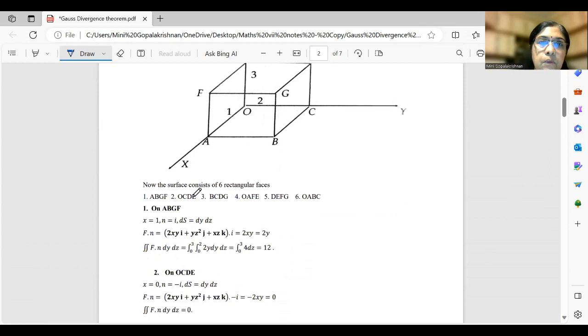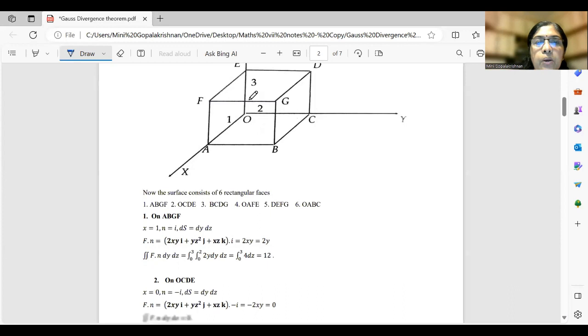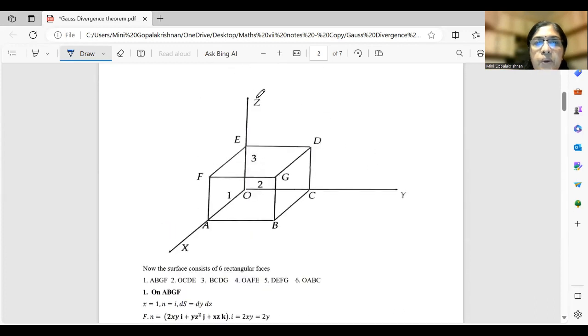Now, we do the double integral over all the faces. So we have the first face ABGF. You can see along the rectangular parallelepiped, we have the x-axis, y-axis, z-axis, and we have i, j, k, the unit vectors along x, y, z axis respectively.